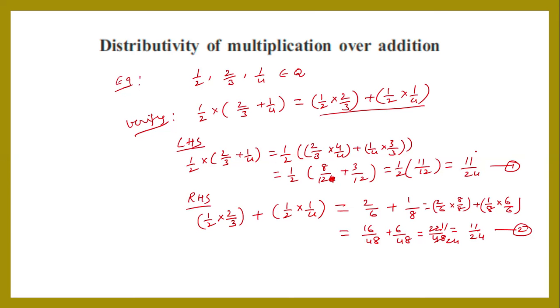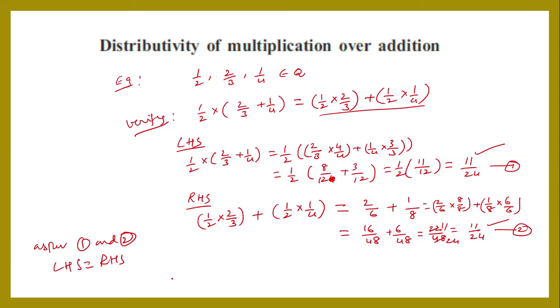Now you observe here what we get in equation 1 and equation 2. Both are the same result. That means, as per 1 and 2, LHS is equal to RHS.